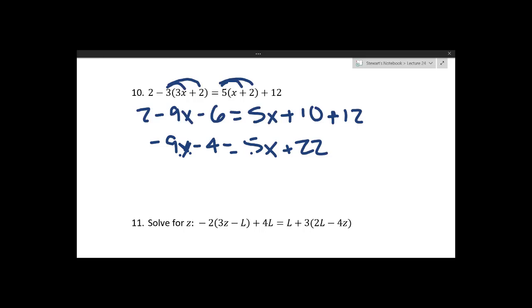Now, to avoid having any negative numbers in front of the variables, I'm going to add 9x to both sides. So we have negative 4. 5x plus 9x is 14x, and then we have plus 22. So to isolate the variable, we have to subtract 22 from both sides.